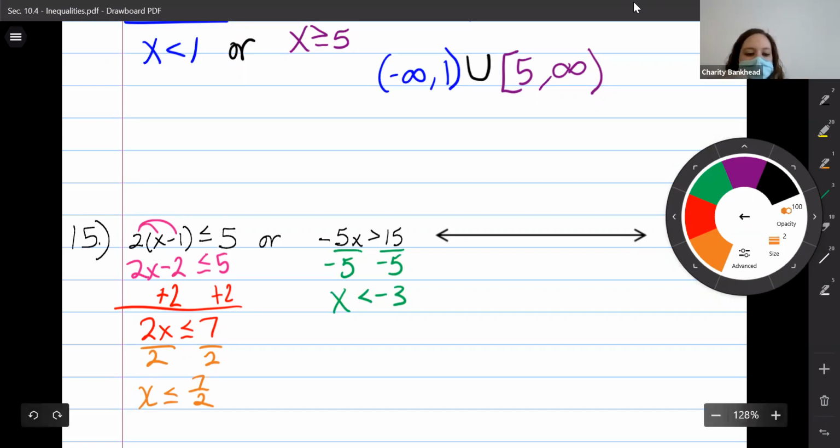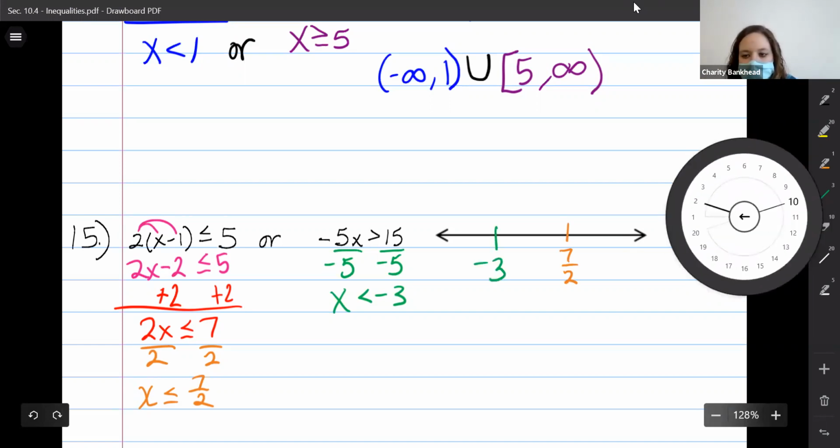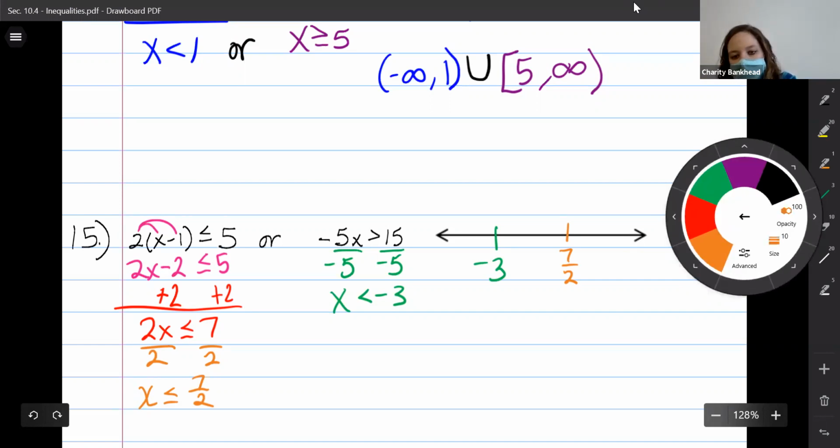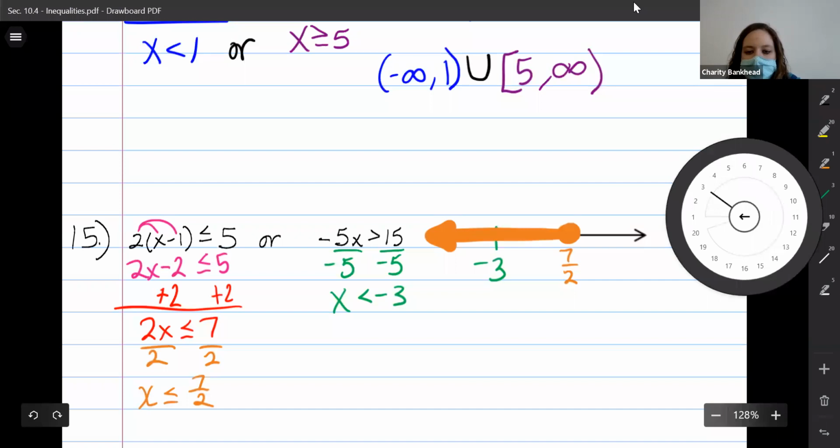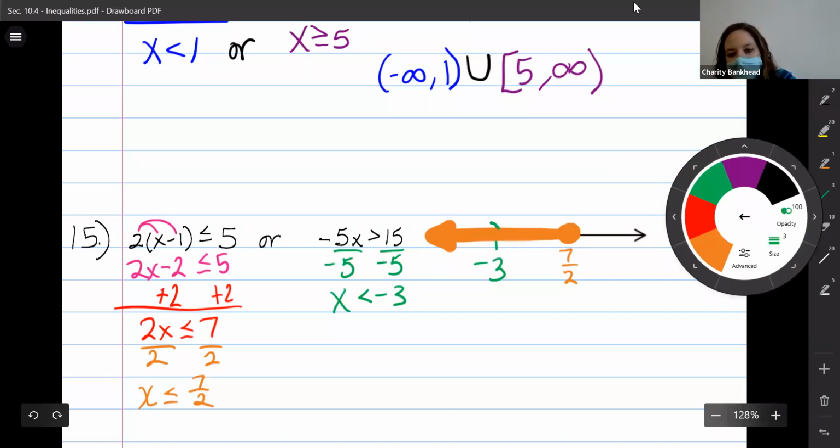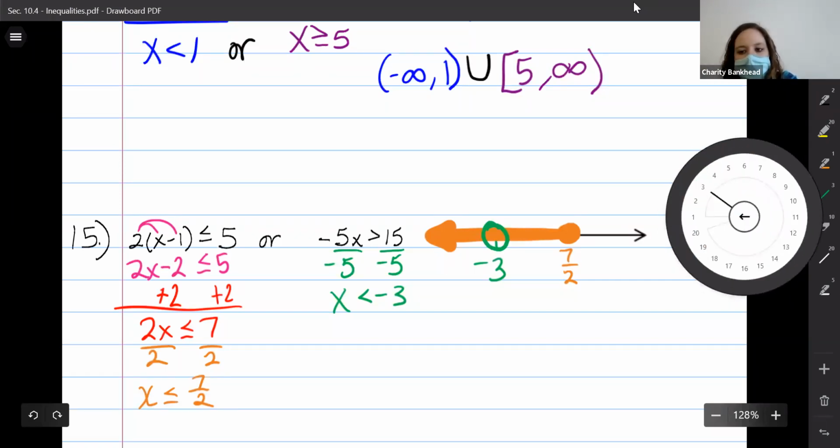So we can put 7 over 2 and -3. 7 over 2 is going to have a solid circle. And it's less than, so we'd shade it to the left. And then -3 would have an open circle, and you would shade it to the left.